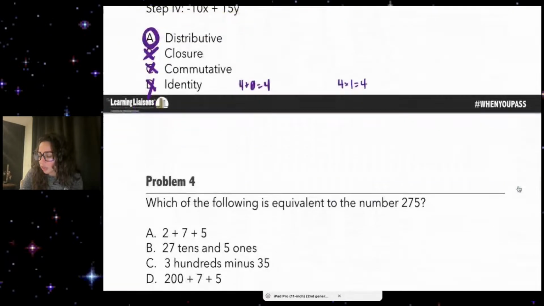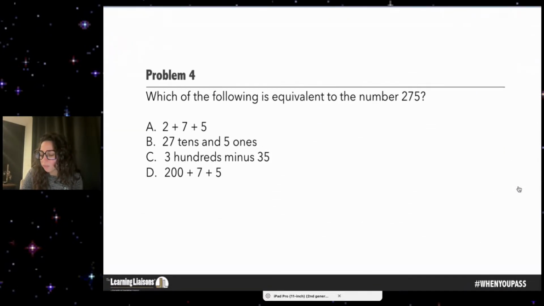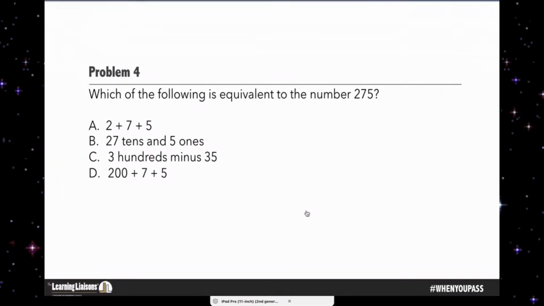All right, let's go ahead and look at problem number 4. Which of the following is equivalent to the number 275?